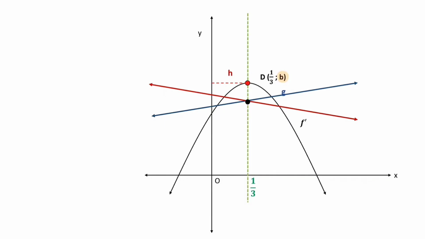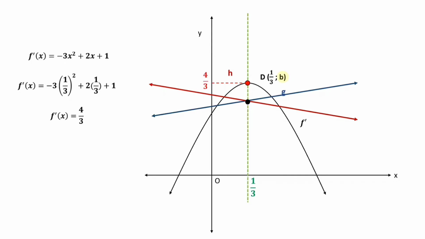So looking at that value of b, what can we do? Well, first of all, since we're trying to find out what exactly that's going to be, we can take the actual formula for the parabola and substitute 1/3, since it is the x value of the turning point, to find the y value of the turning point. And when we do that, we get 4/3. So now we know what's there.